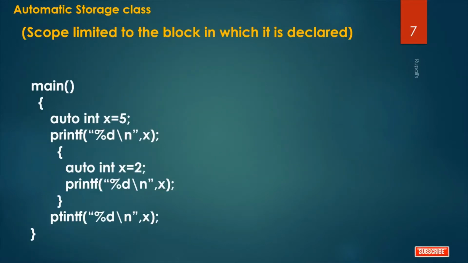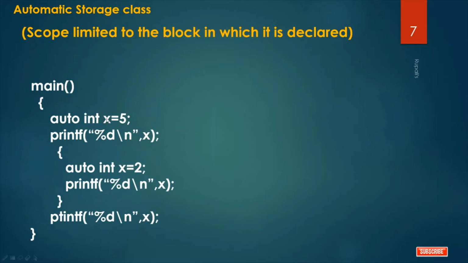So we already learned that in case of automatic storage class variable, scope is limited to the block in which it is declared. So tell me, what is the output of this program? Think for 5 seconds. See here, when the control comes out of this innermost block, the variable x with the value 2 is lost.